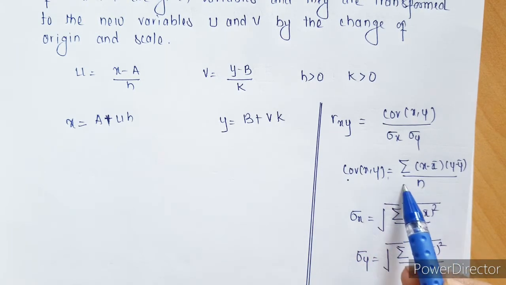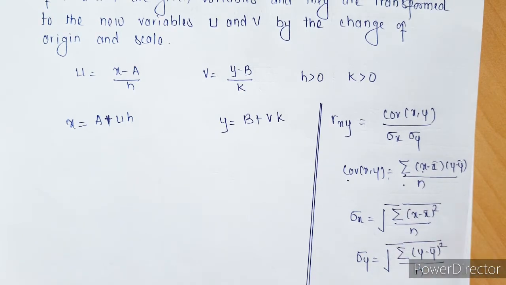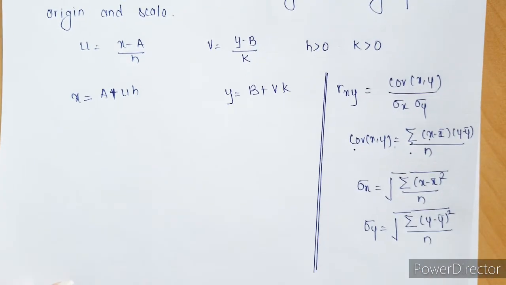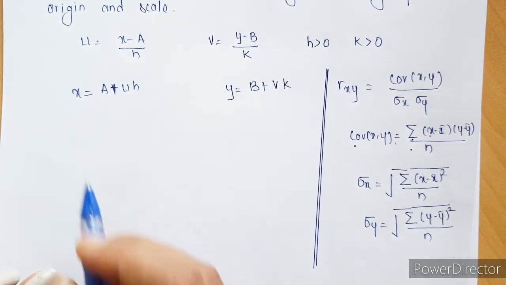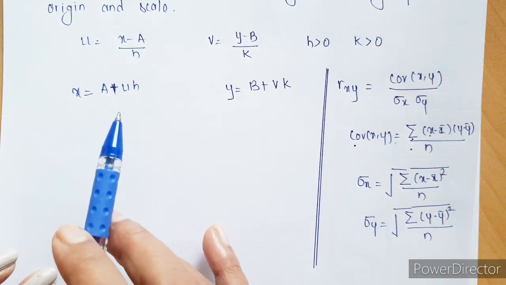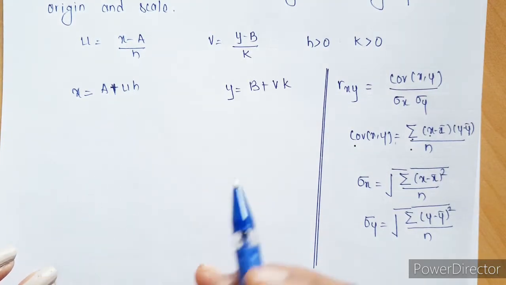In covariance of xy we need the summation of the product of deviations, so let's write the deviations first. Here we have x and y, and we need x bar and y bar, the means. Suppose there are a total of n observations.